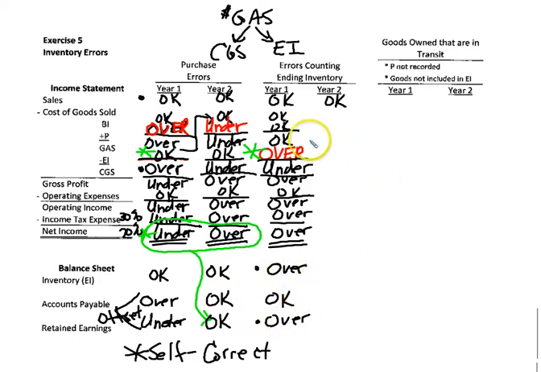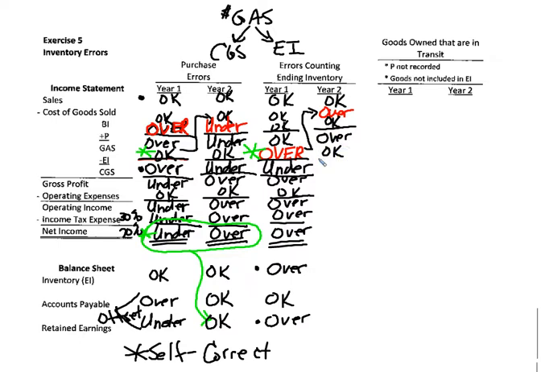Let's go to the second year. Ending inventory becomes beginning inventory. So that will carry over for the second year. Assuming we have no errors in purchases, then our goods available for sale is overstated.